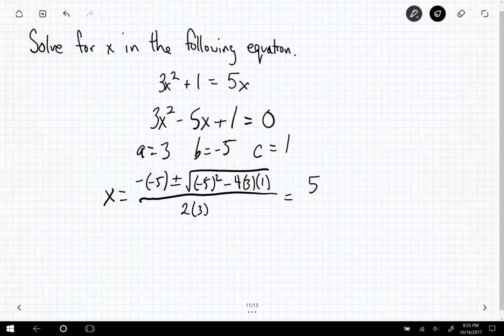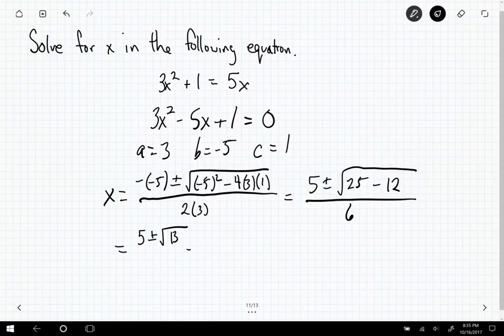So we get 5 plus or minus the square root of, when you square negative 5, that gives you 25, minus 12, all over 6. So x equals 5 plus or minus the square root of 13 all over 6.